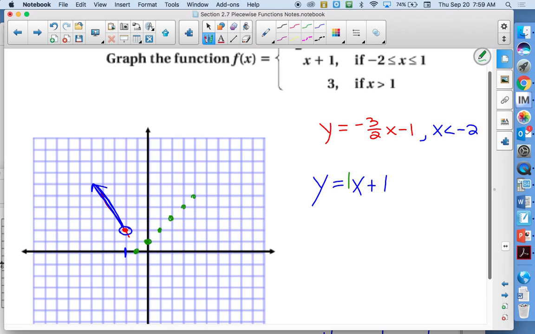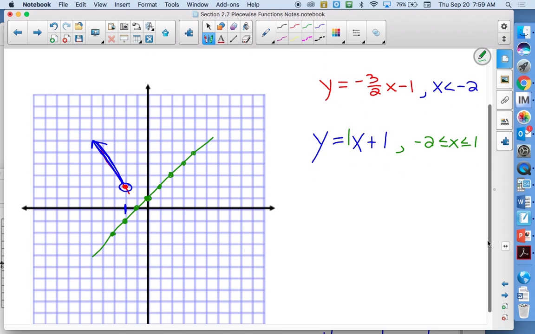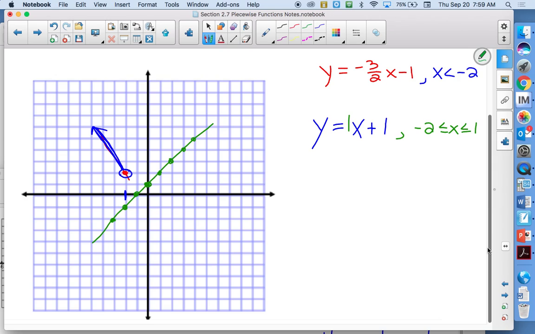Make sure to always go backwards as well: down 1, left 1. Okay, so here's my line.